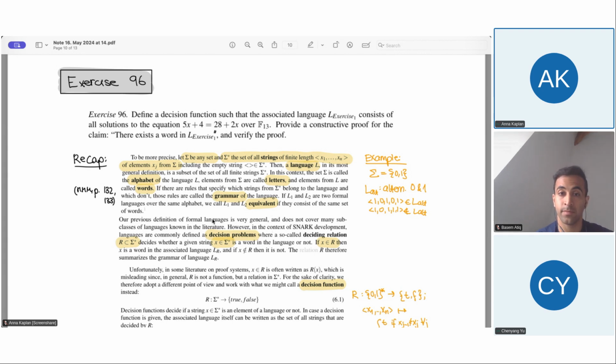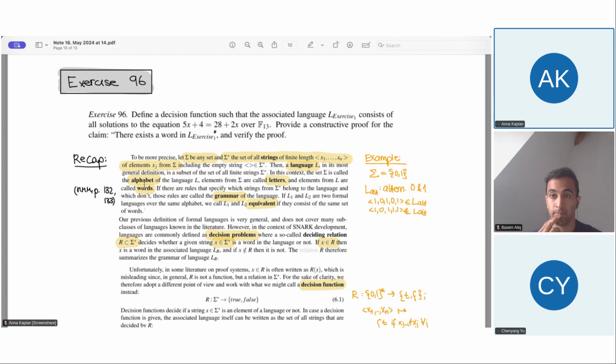In this chapter, we have a sigma, which is going to be any set, and sigma star is the set of all strings of finite length from the elements of this alphabet, including the empty string, so also a word which doesn't consist of any letters.